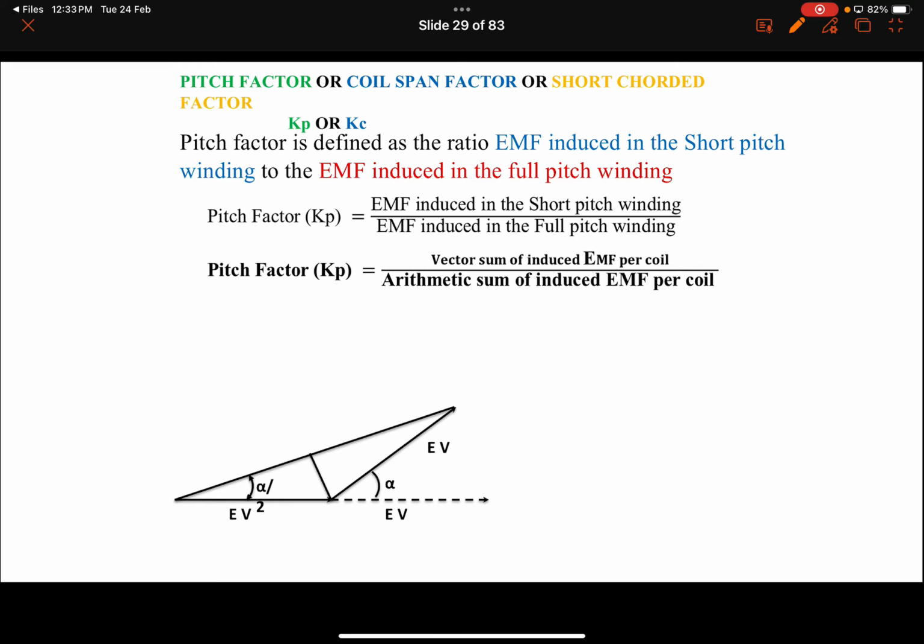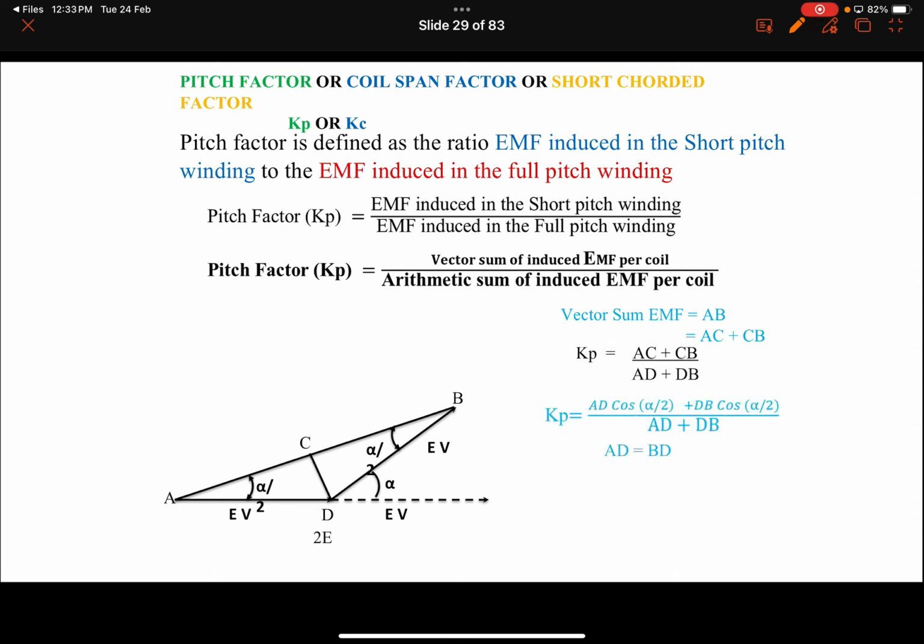Okay, we'll continue with the definition of pitch factor. Pitch factor is also called coil span factor or short chorded factor.